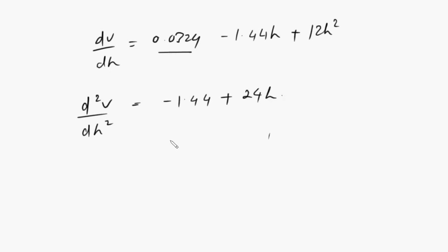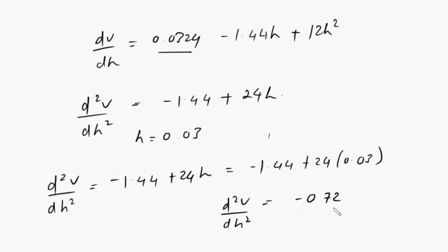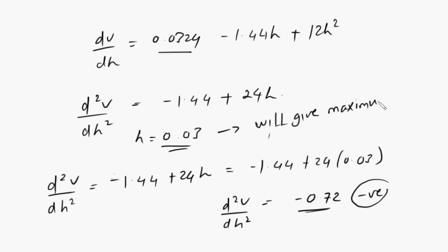Now, when h is equal to 0.03, the second derivative is negative 1.44 plus 24 times 0.03. Using your calculator, you obtain negative 0.72. So when h equals 0.03, the second derivative is negative. This means that 0.03 will give the maximum volume.